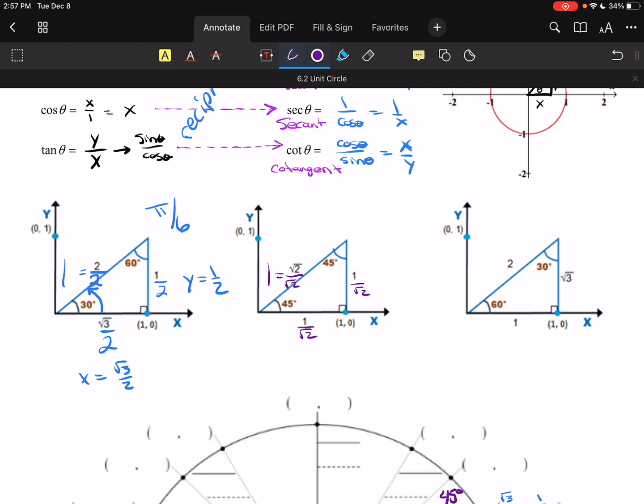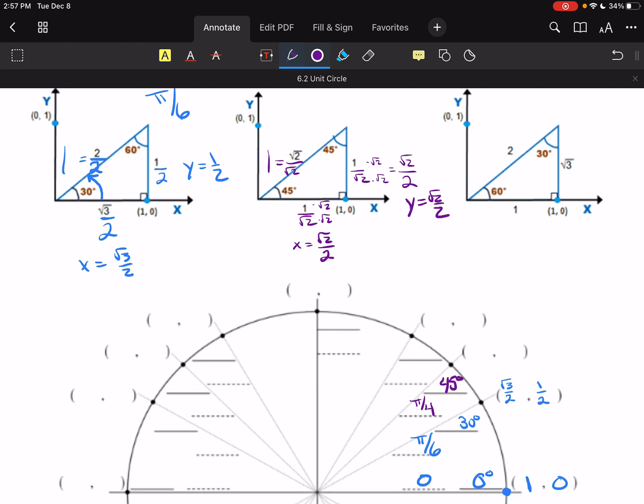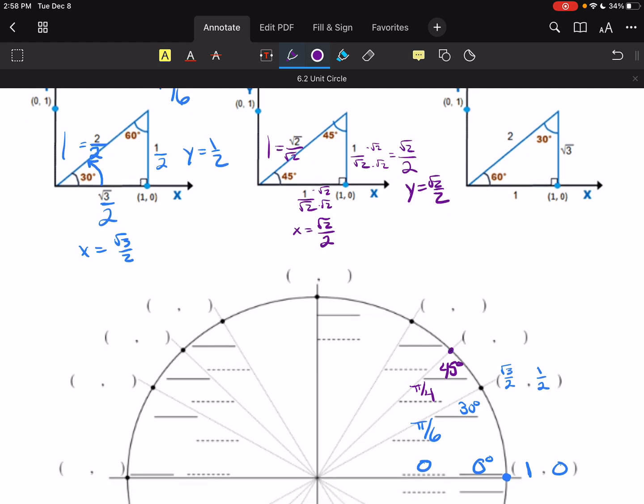So rationalizing my denominator, I would multiply top and bottom by the square root of 2. So the x would be the square root of 2 over 2. Same thing for the y. Rationalize the denominator, I get the square root of 2 over 2. And that would be my y. So it has an x distance to this point that is the square root of 2 over 2, and a y distance that is the square root of 2 over 2.